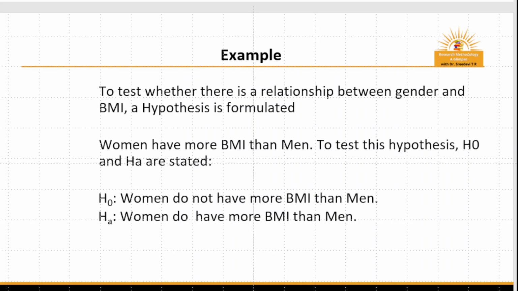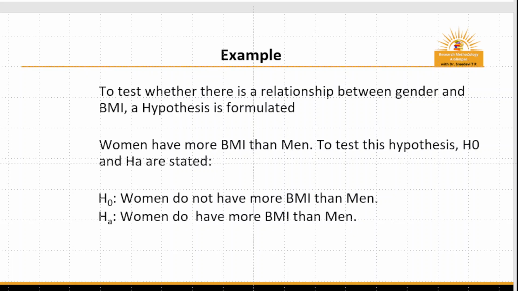Compare the obtained t value with the critical value or the table value. So here, comparison of mean BMI between men and women. We have done a t-test and the obtained t value is compared with the critical value or table value.